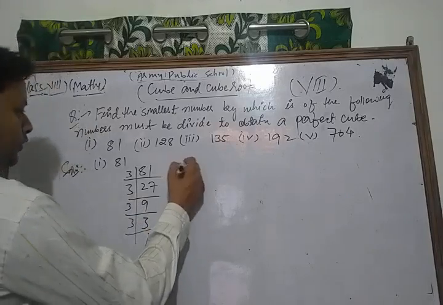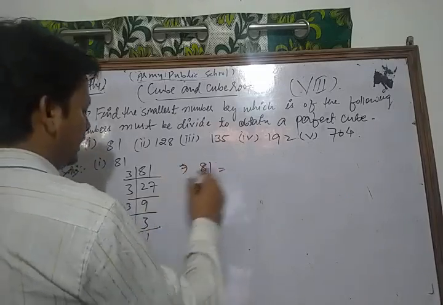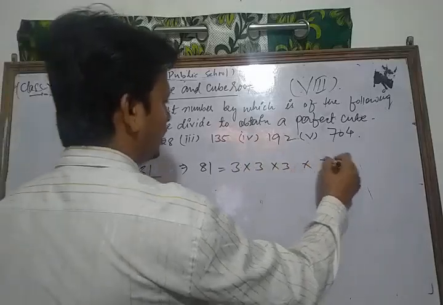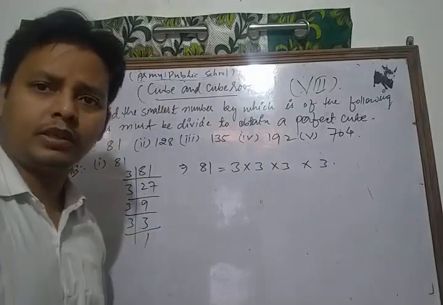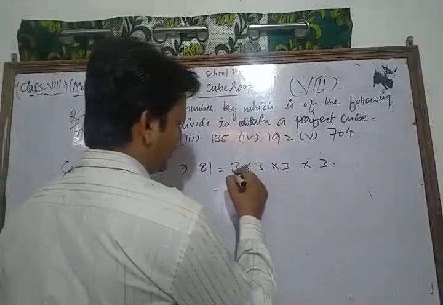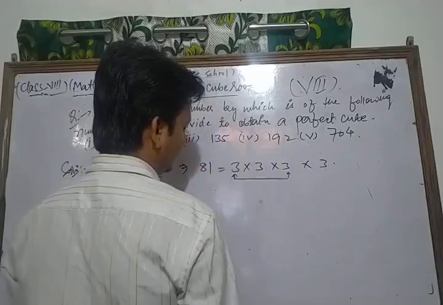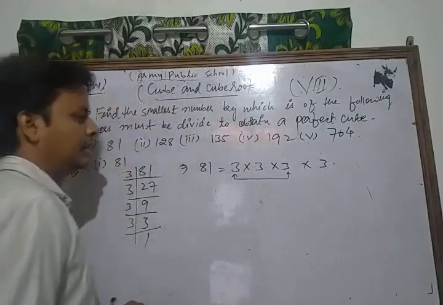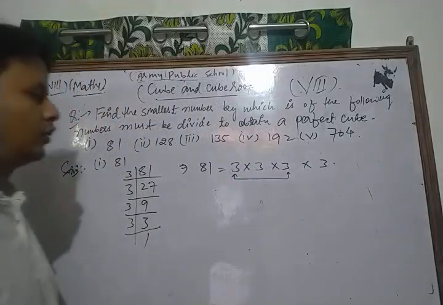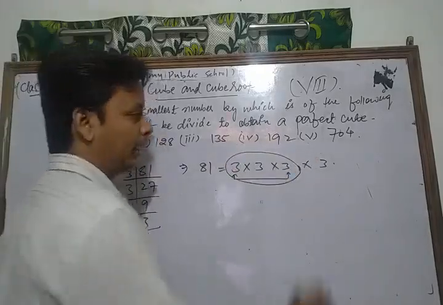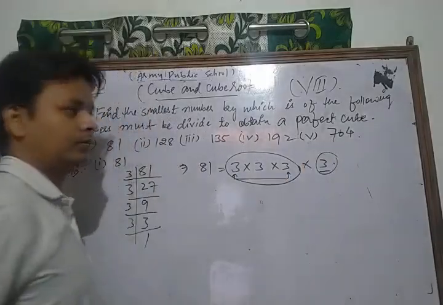So here we can write 81 as 3 into 3 into 3 into 3. So what we observe here, grouping the factors in triplets of equal factors, only one triplet is formed and one 3 is left.